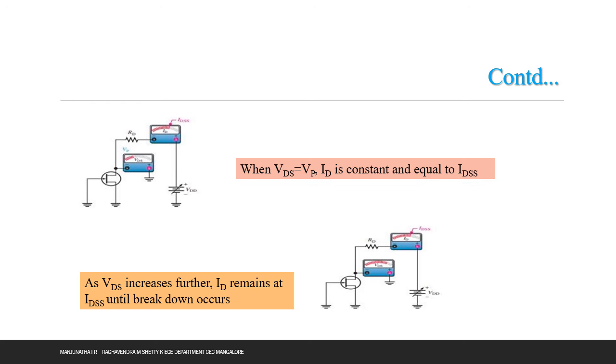The ammeter reading is the same. The drain current shown by the ammeter in figure A is the same current shown by the ammeter in figure B. What we need to understand is, when we increase the VDS, there is no change in the drain current. It is saturated.